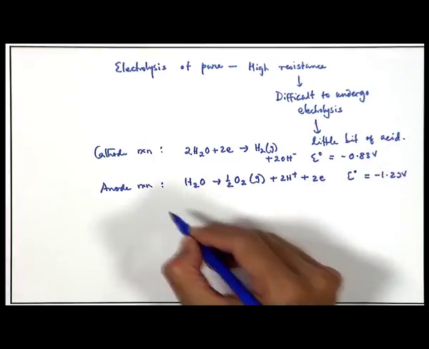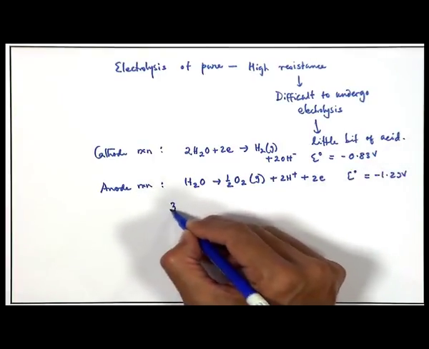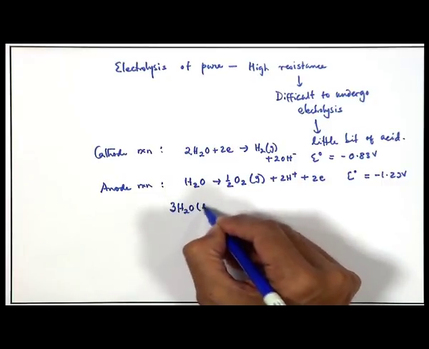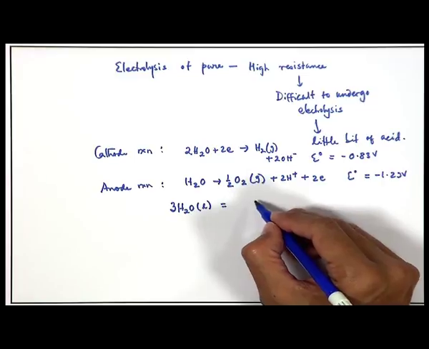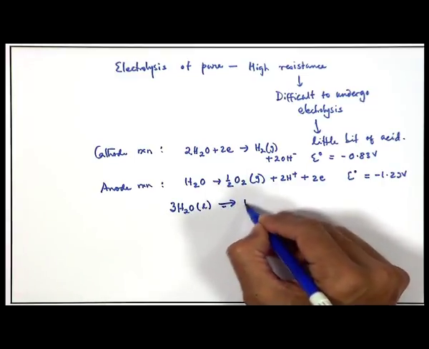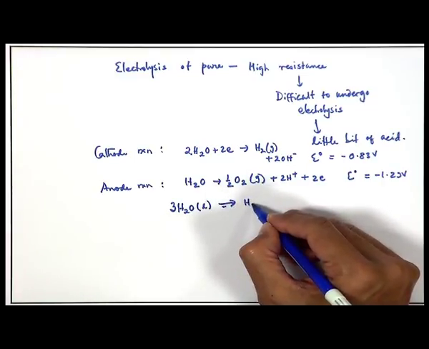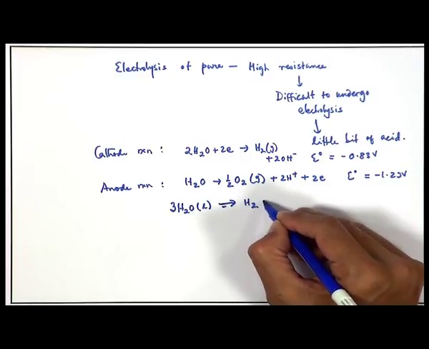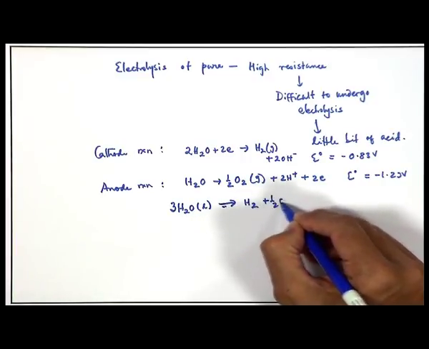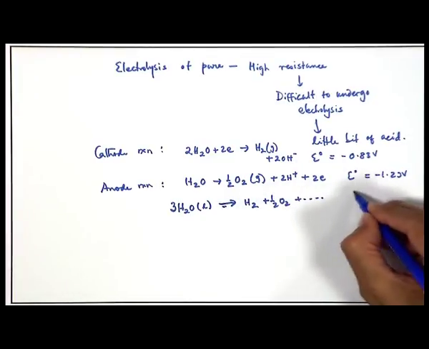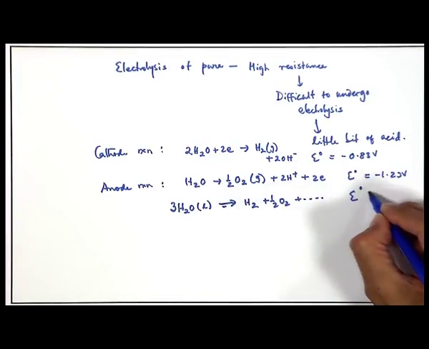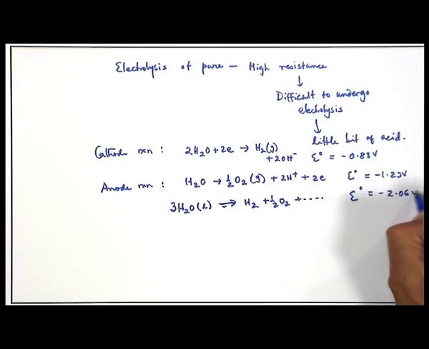So, the net reaction is water liquid giving H2 gas plus half O2, and the net E naught is equal to minus 2.06 volt.